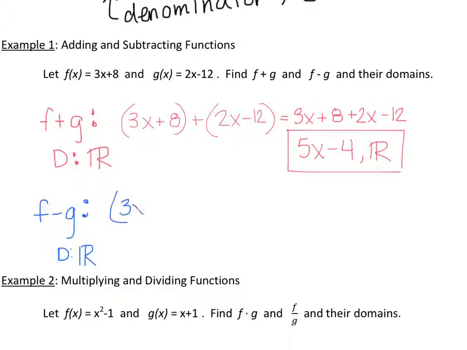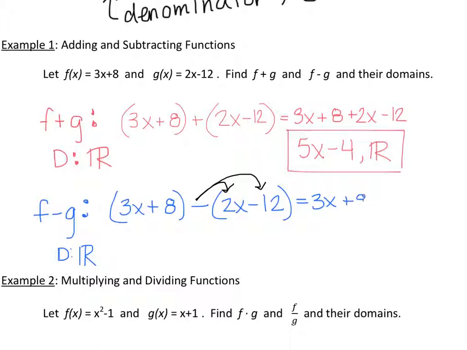And now we write them out again, f, but this time it's minus g. Make sure you put them in parentheses because, like on this one, we have to distribute that negative. So we get 3x plus 8 minus 2x, and then it'll be negative times negative is positive 12.